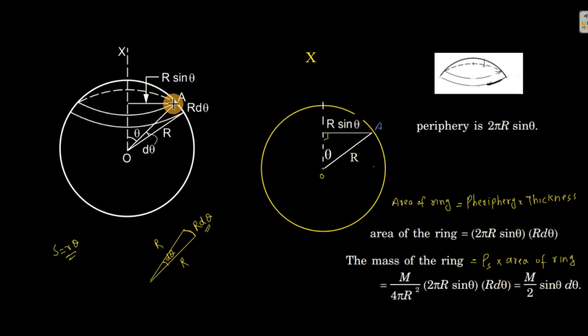So this circle which rotate around the OX axis having radius r sin theta.